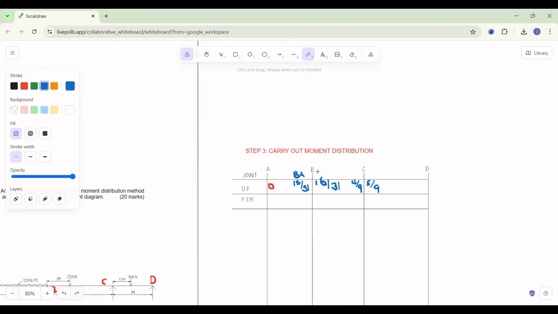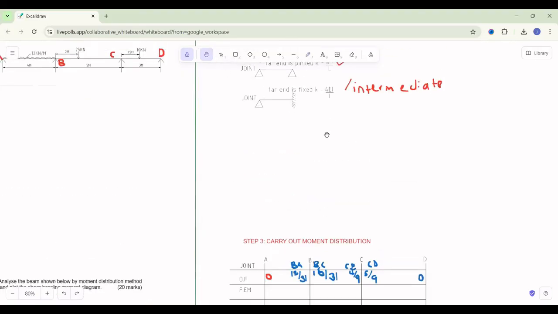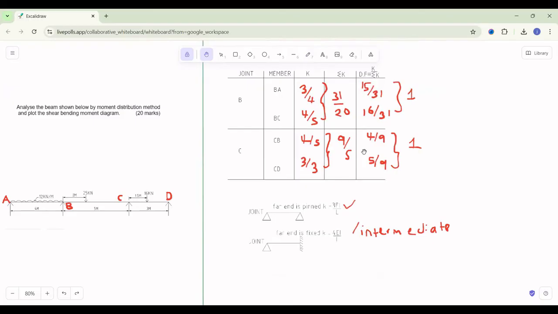This is member CB, CD, yes, and this will be 0. Remember, we have already calculated those distribution factors, right? CB, B, and BC.